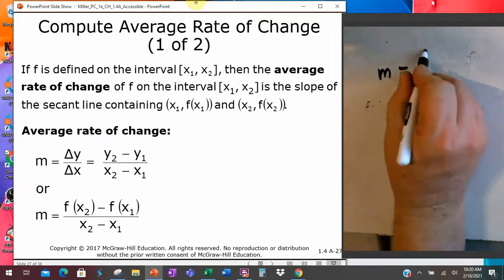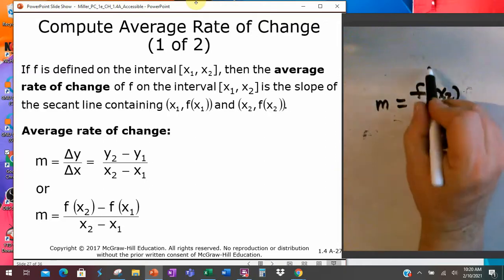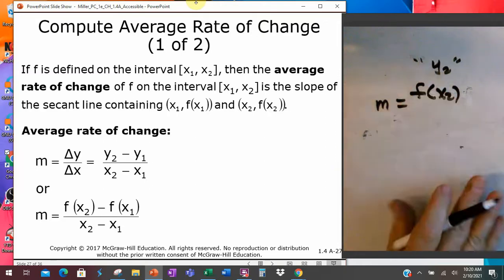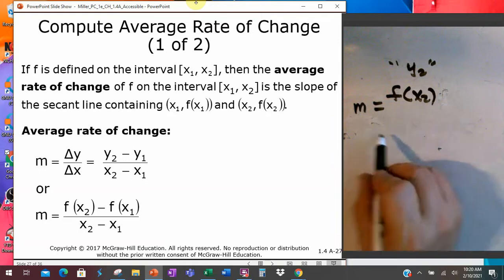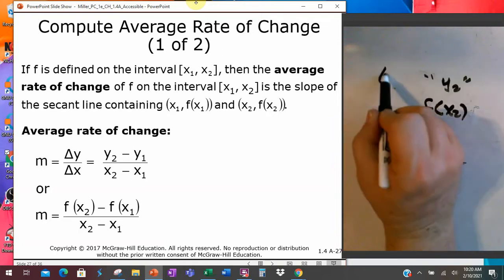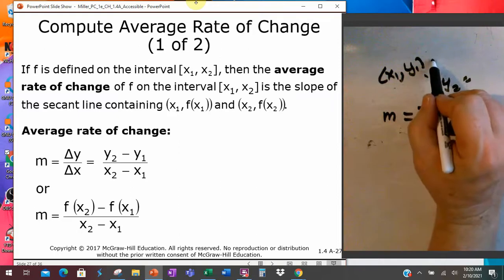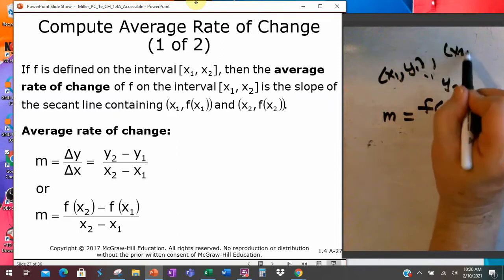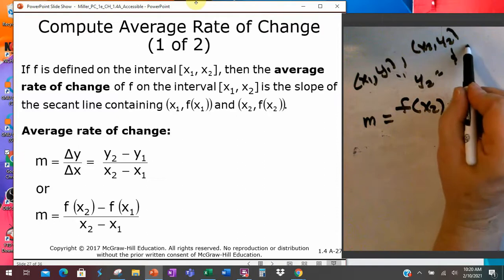M is equal to the value of the function at x2, which is basically y2. I'm giving you two points, x2, y2, and a rule.